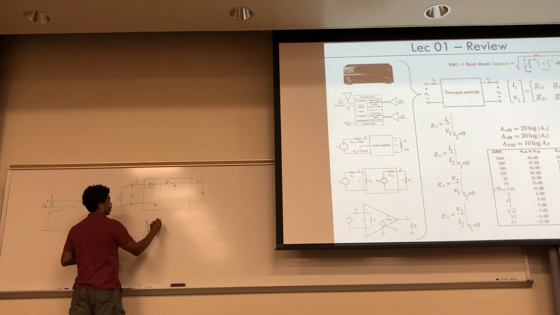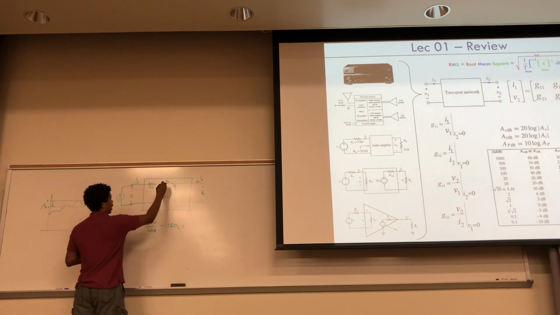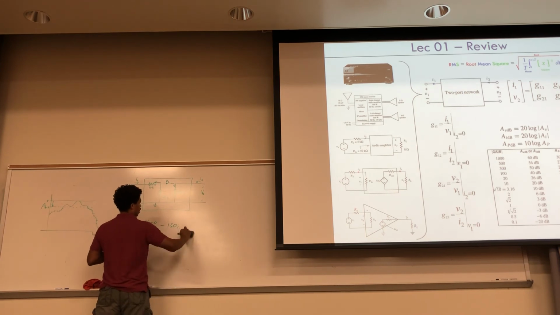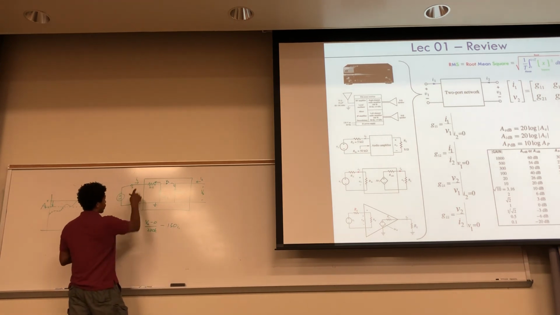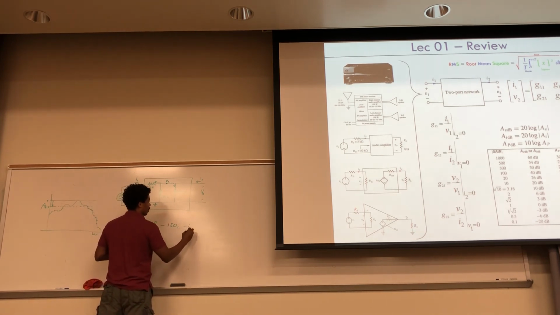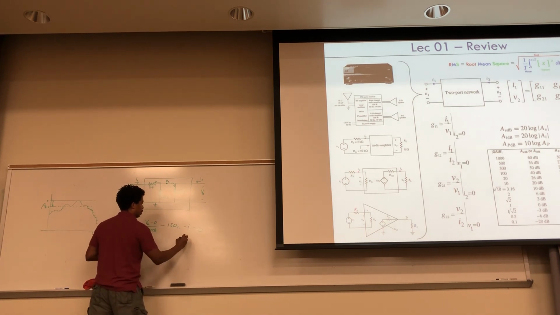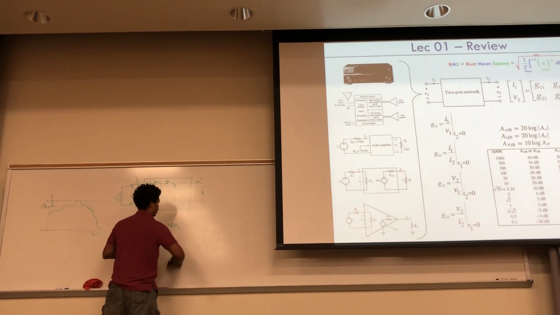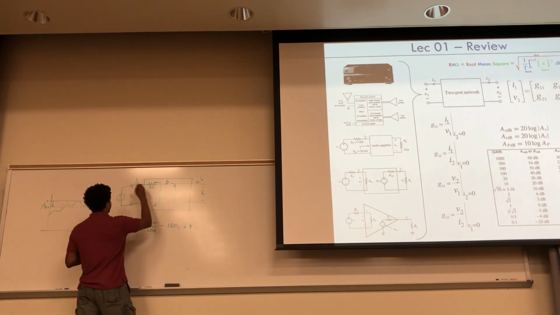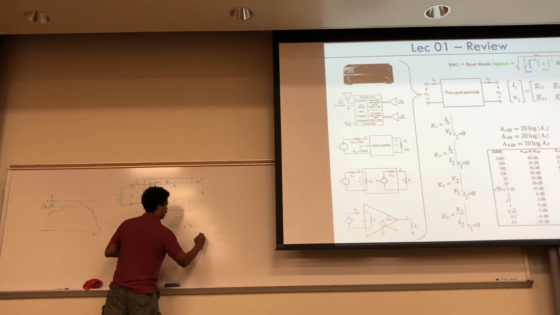This current right here is going into it, so it's minus 150I1. And this current going out that way, you could think of it as negative I1 equals 0, or you could say it's V2 minus V1 over 10K.